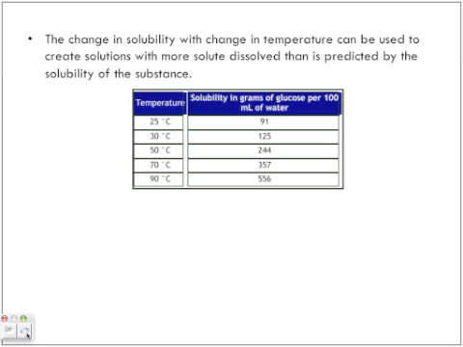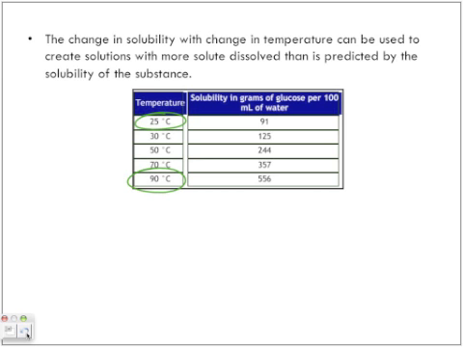Now, the change in solubility with change in temperature can be used to create solutions with more solute dissolved than is predicted by the solubility of the substance. So, here we have the following. Notice here as the temperature increases from 25 degrees as our lowest to 90 degrees Celsius. What we have here is the solubility in grams of glucose per 100 milliliters of water.